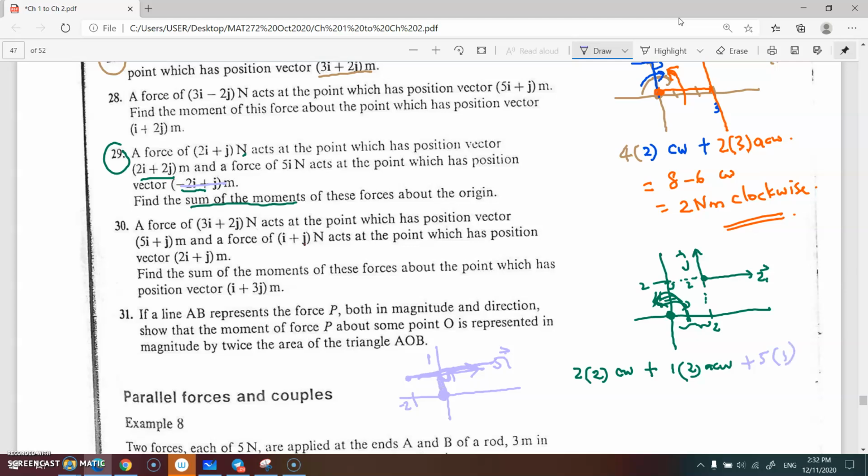So you move here, so it is clockwise. So if I want my answer to be in clockwise, so 5 plus 2, 7 Newton meter clockwise. Okay, so this is my final answer for question 29.